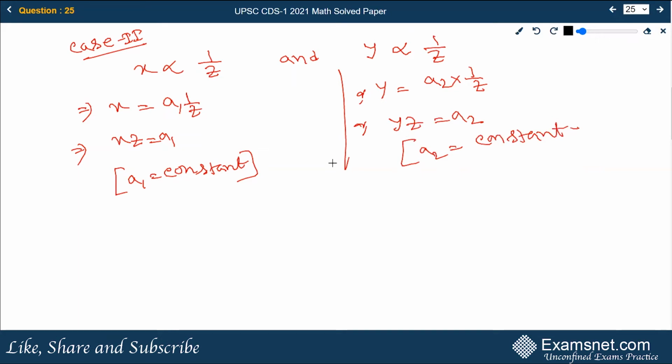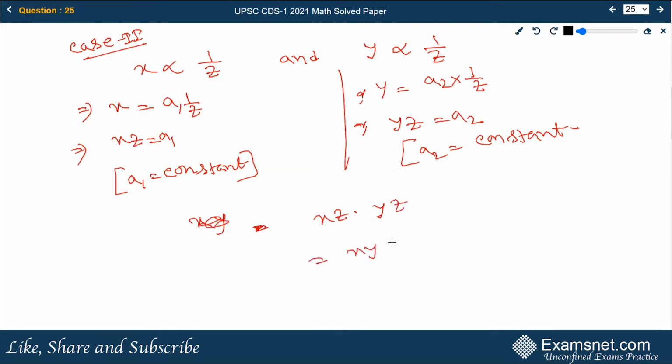When we are going to find the value of xy, okay, let's find the product of xz and yz.